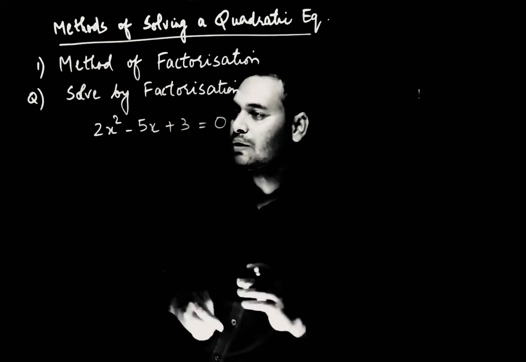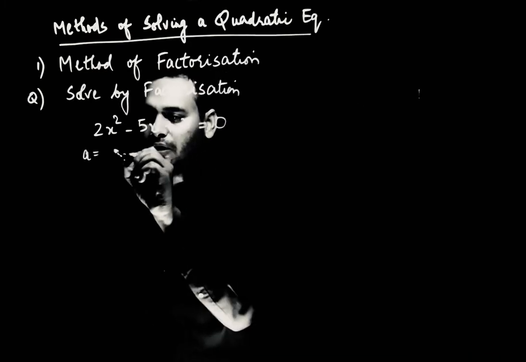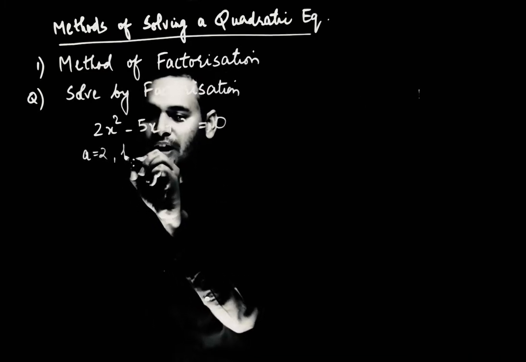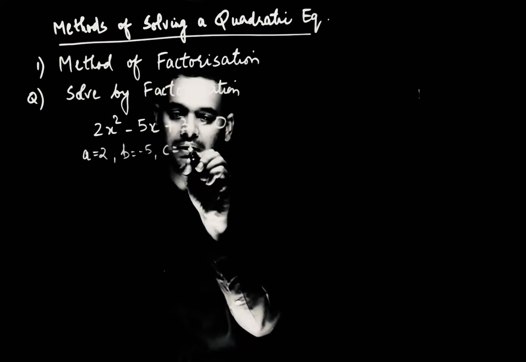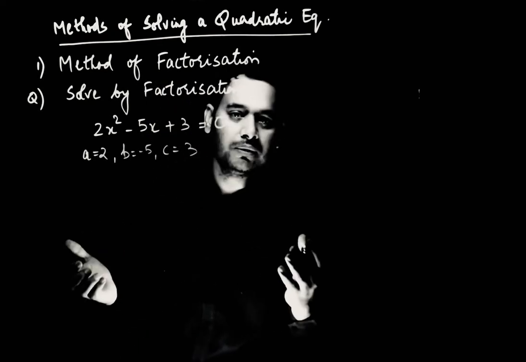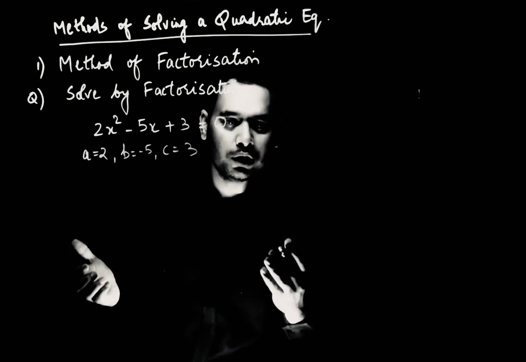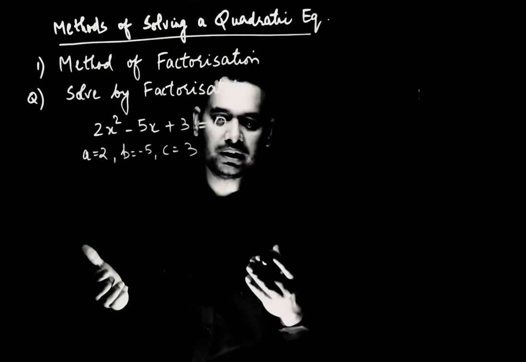So we have a quadratic equation. The value of a here is 2, the value of b here is minus 5, and the value of c here is 3. A, b, c all are real numbers and a is not equal to 0. So this is a quadratic equation.